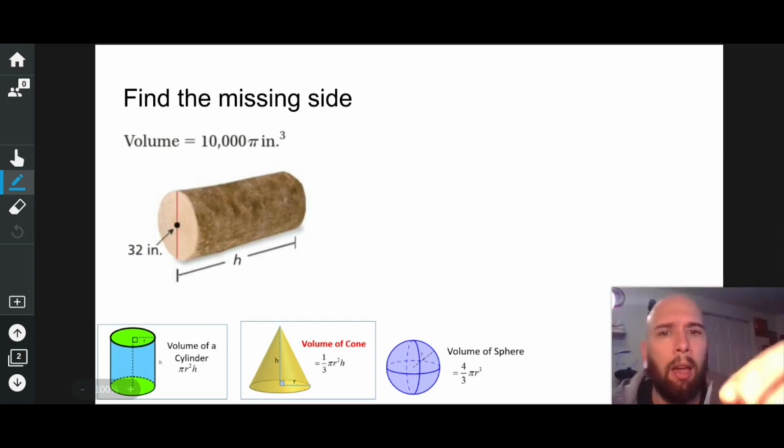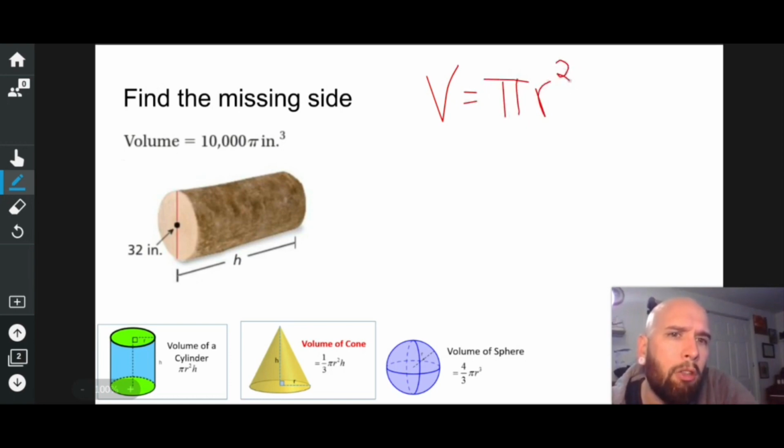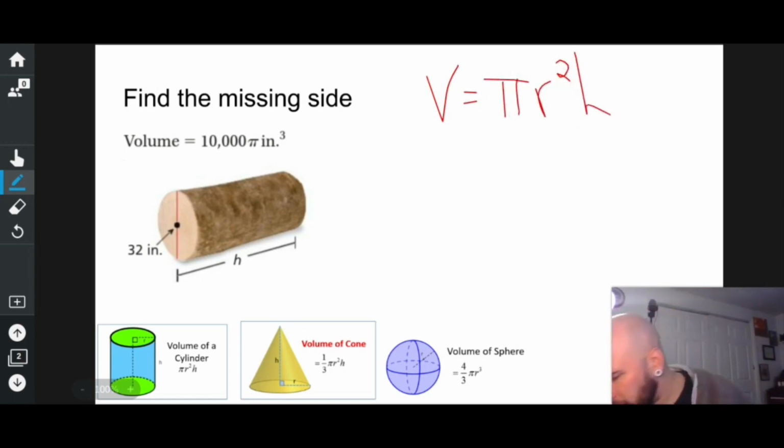What do we have here? We have a cylinder, so the volume of a cylinder is V equals pi r squared h. And then let's label and plug in what we know. Well, that's not my r, that's my diameter, so my radius is actually going to be 16.